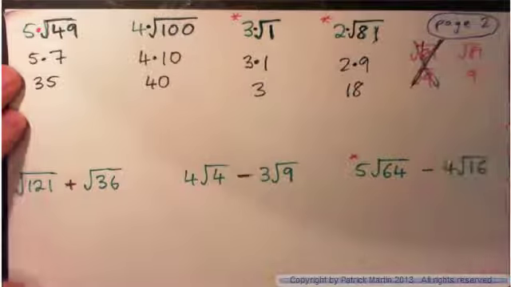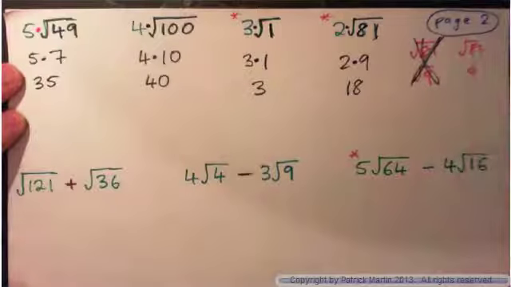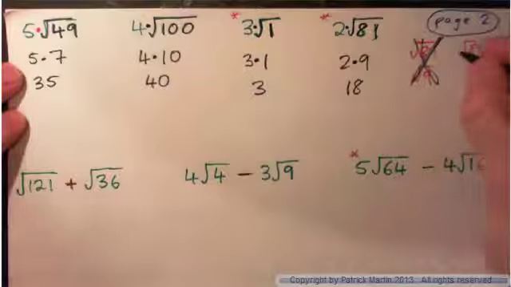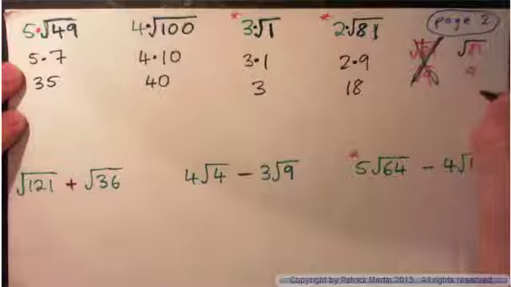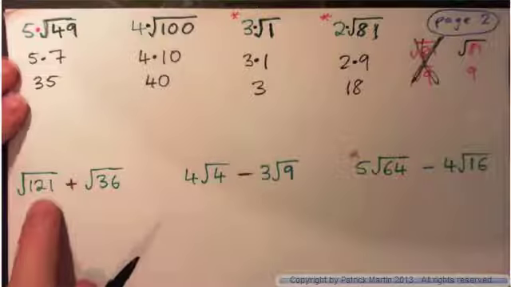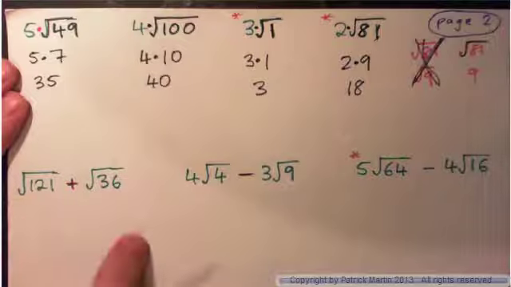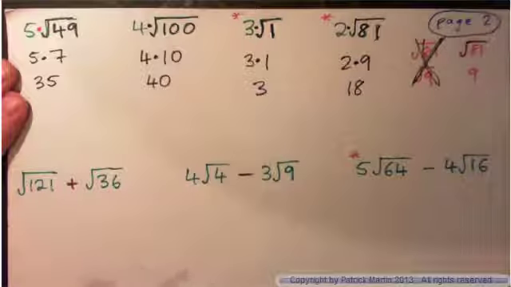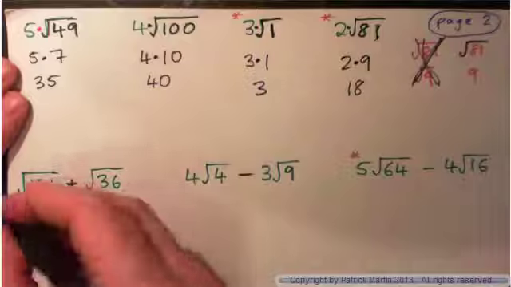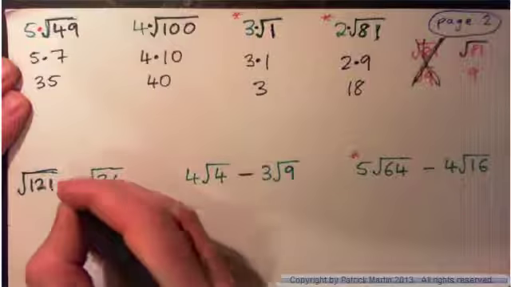So basically, when you take a square root of something, then the square root sign is used up, and you don't need it anymore. Anyway, how would you do this one? Root 121 plus root 36. What would you do here? Any idea? You've got to calculate the roots to begin with.